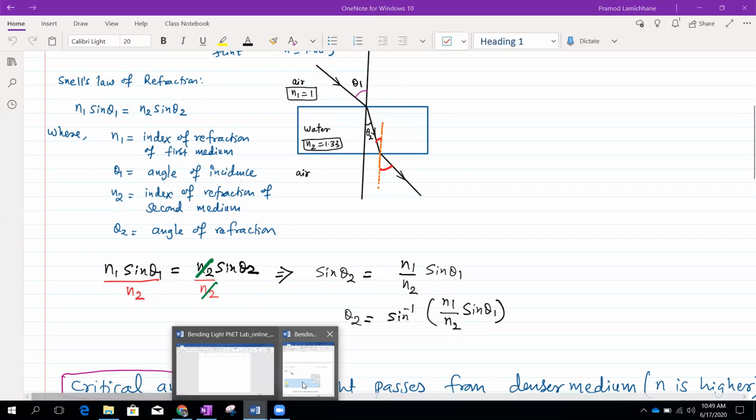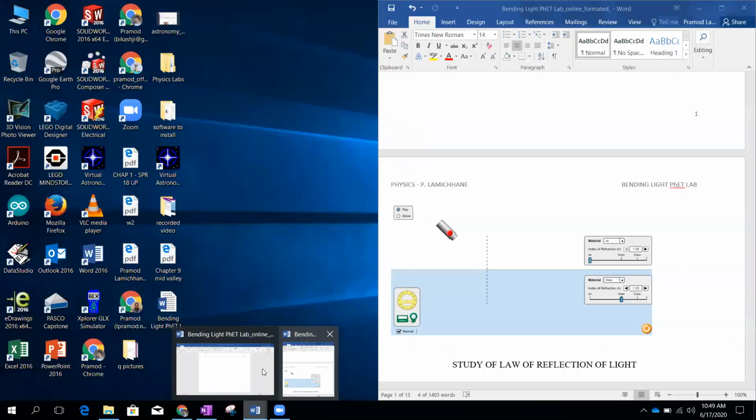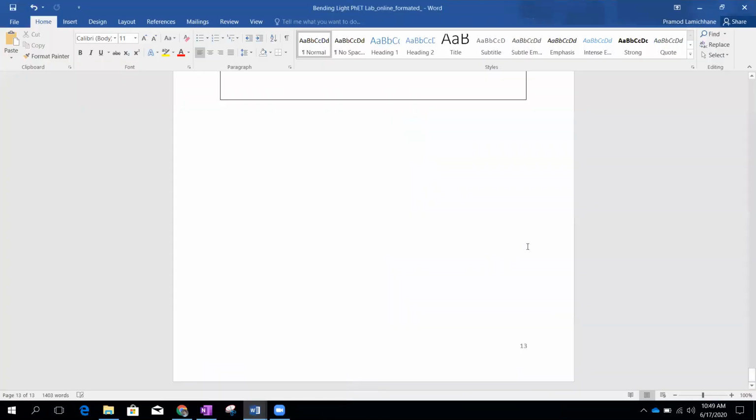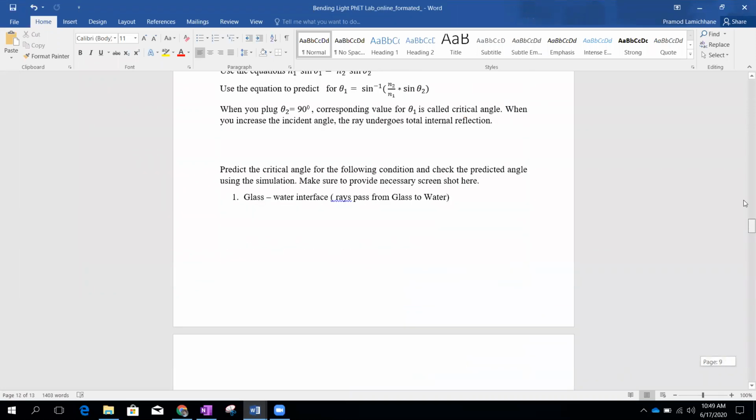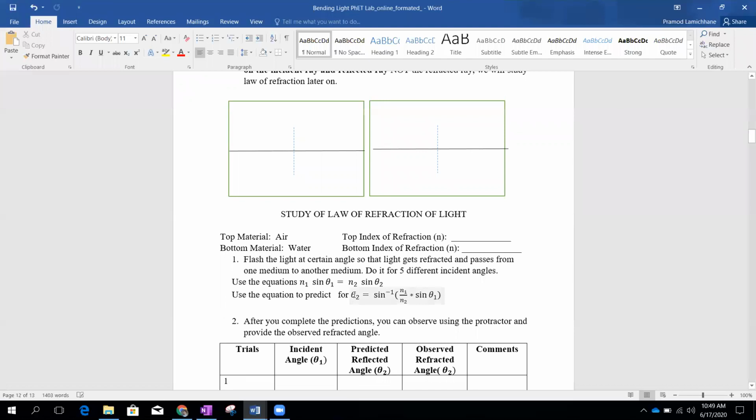That's the angle of refraction. Let me show you in the lab here. You can see that theta 2 equals sine inverse of n1 over n2 times sine theta 1.